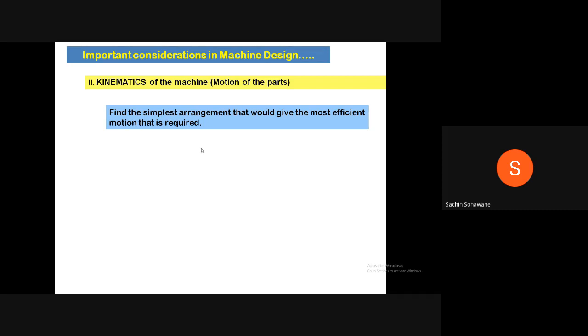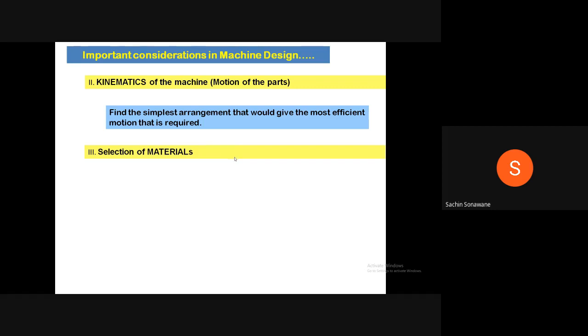Then and then we can transmit motion from one part to another part, or we can transmit force from one part to another part, because motion should be in only one direction, and that example is nothing but completely constant motion and successfully constant motion.